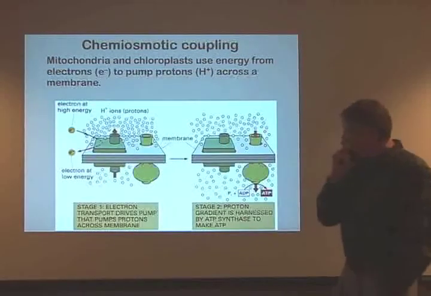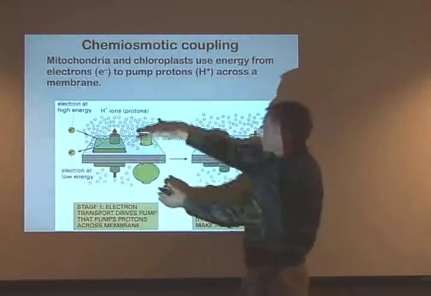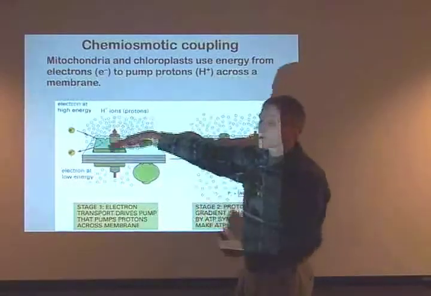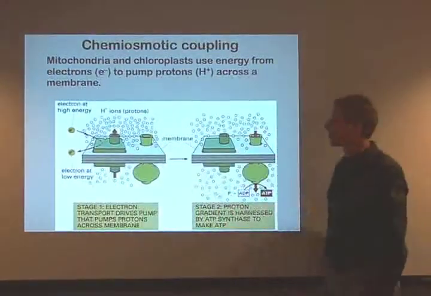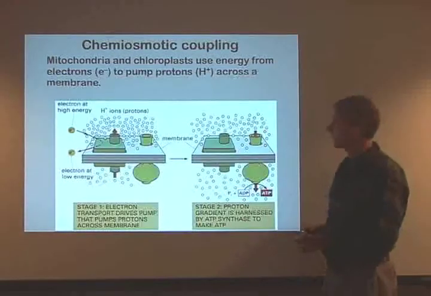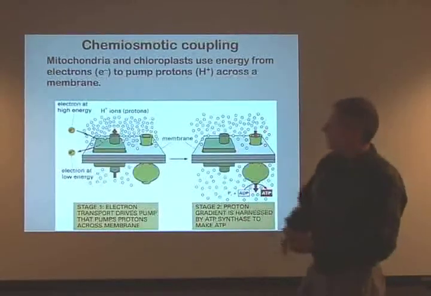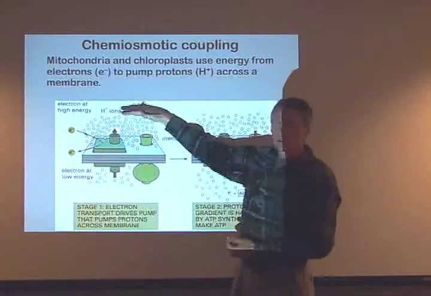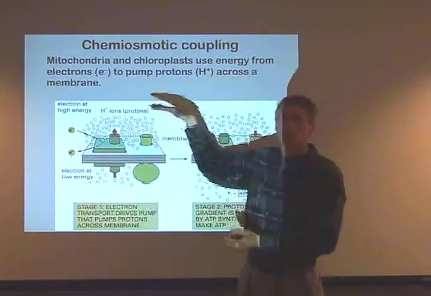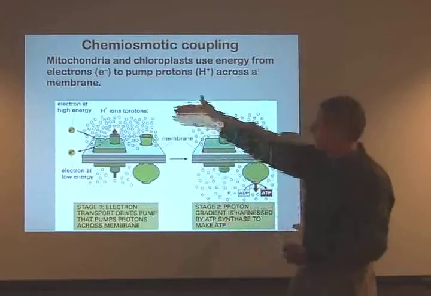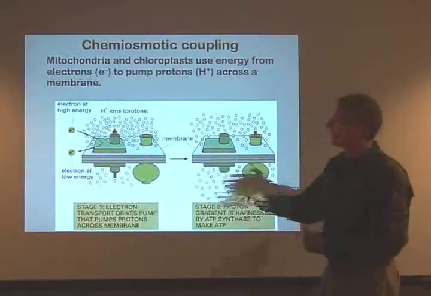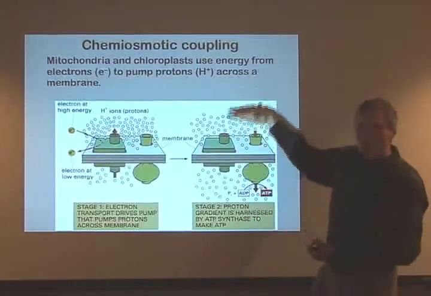So, mitochondria and chloroplasts do this. Chemiosmotic coupling. What is that? Basically, you use an electrical potential that's created across the inner membrane of mitochondria, or the thylakoid space in chloroplasts. So protons are pumped. That creates an electrical potential, a separation of charge. So you've got more protons on one side of the membrane than the other, and that creates a driving force.